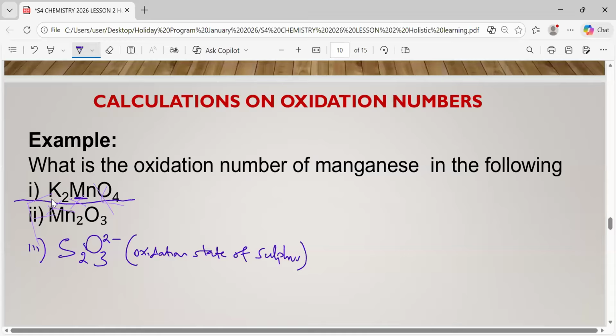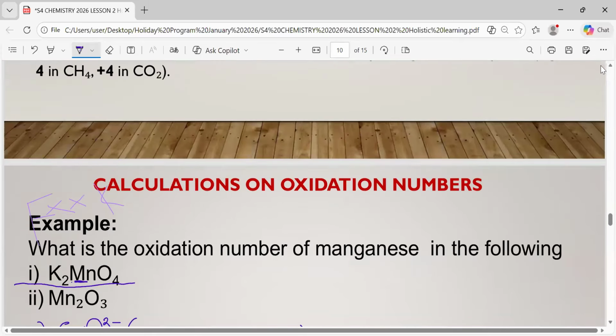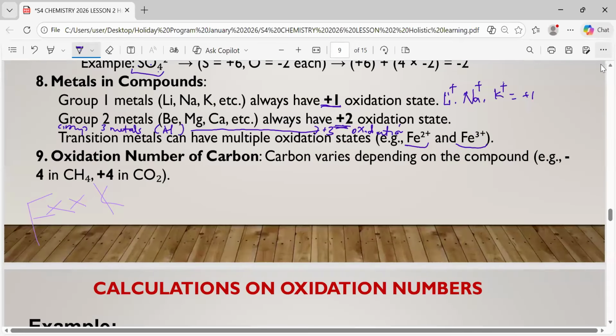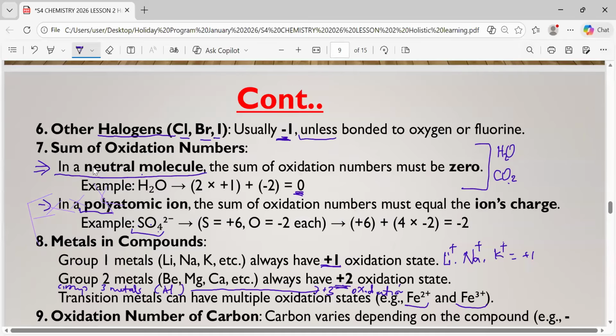Somewhere they told us that the oxidation state of a neutral molecule is equal to what? Is equal to 0. We said that the sum of oxidation numbers in a neutral molecule must be equal to 0. Are you getting that?